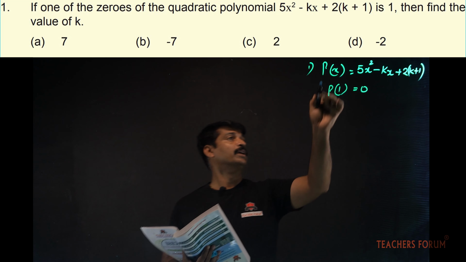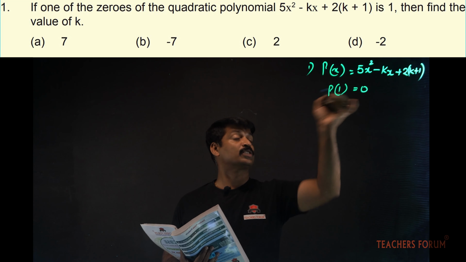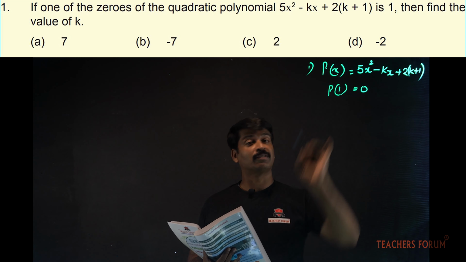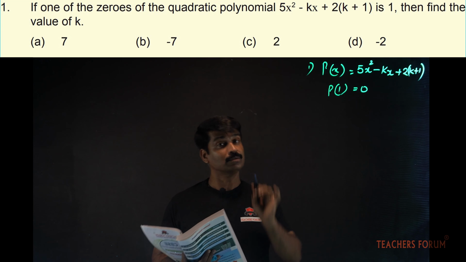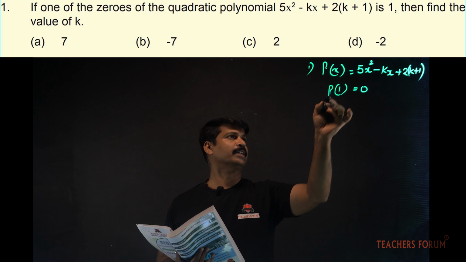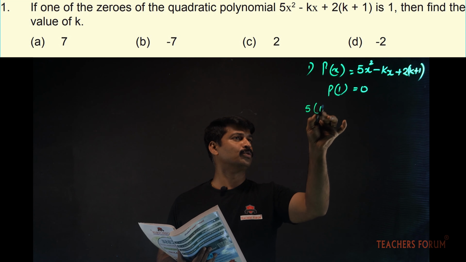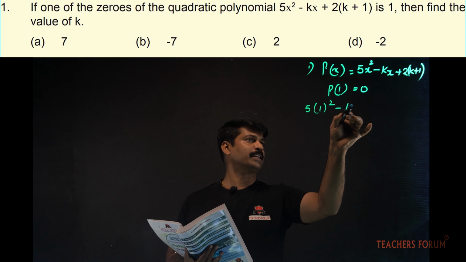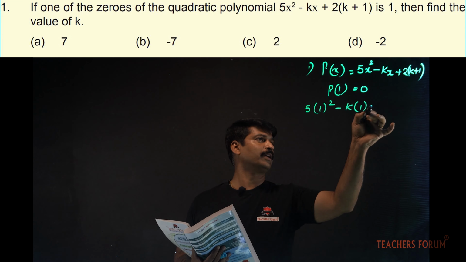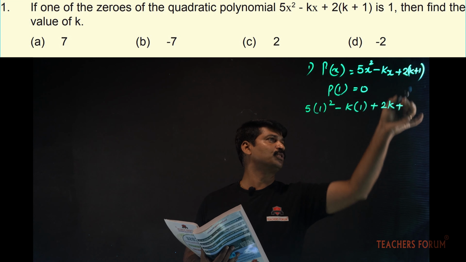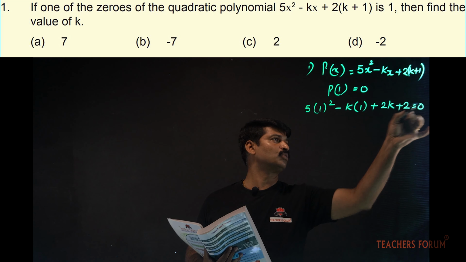So, what you have to do? In the given polynomial, instead of x, you should substitute 1, then equate the given polynomial to 0. Let us see what we will be getting. Instead of x, when you substitute 1, it becomes 5 into 1 square minus k into 1 plus 2k plus 2 into 1, that is equal to 0.